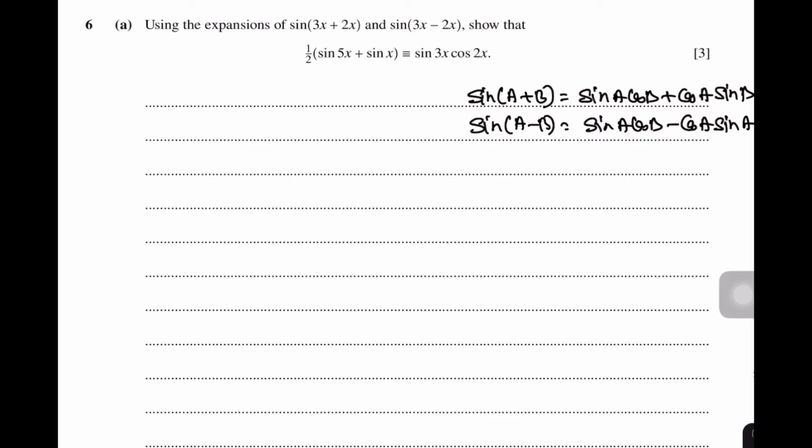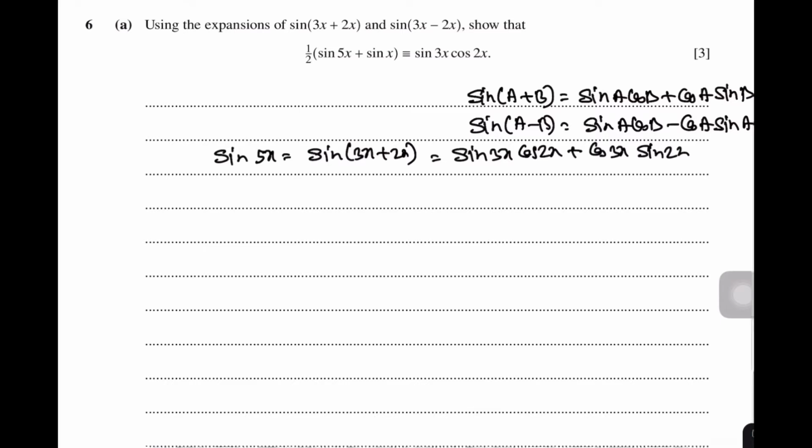So sin 5x, that means sin (3x plus 2x), equals sin 3x cos 2x plus cos 3x sin 2x.